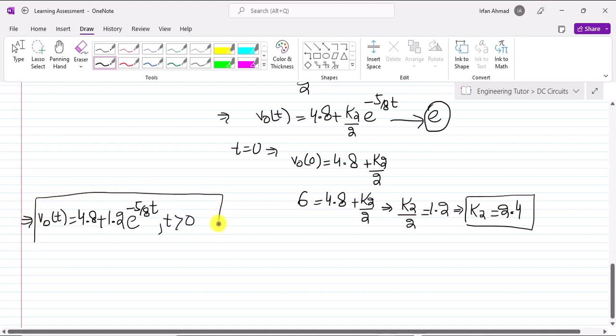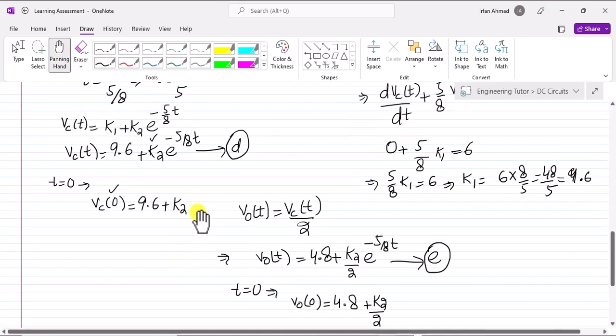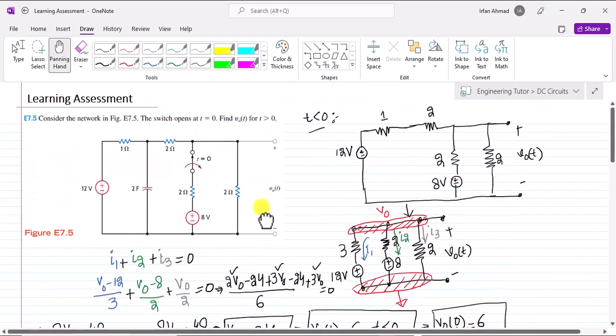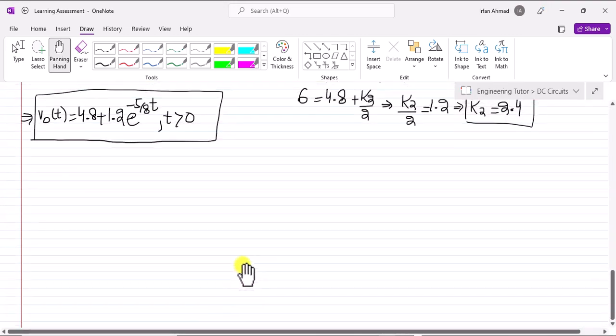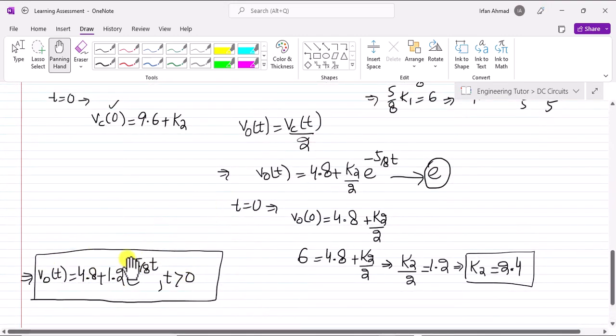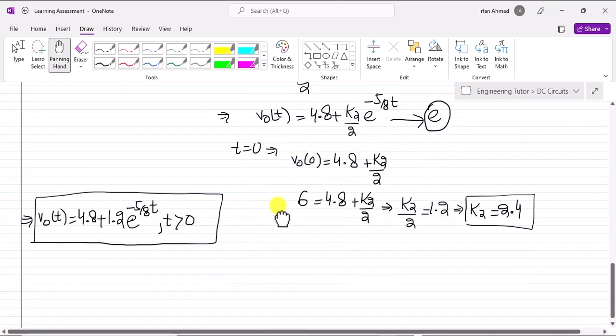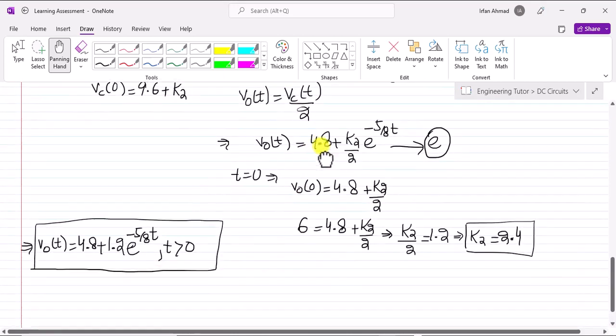Okay, so that is the equation we had to find out. That is the equation for time greater than 0, or the general expression for our circuit which is modeled here. In this circuit, we can now put any value in our equation, and this equation will give us the value of voltage V naught of t at any instance which we want to consider.